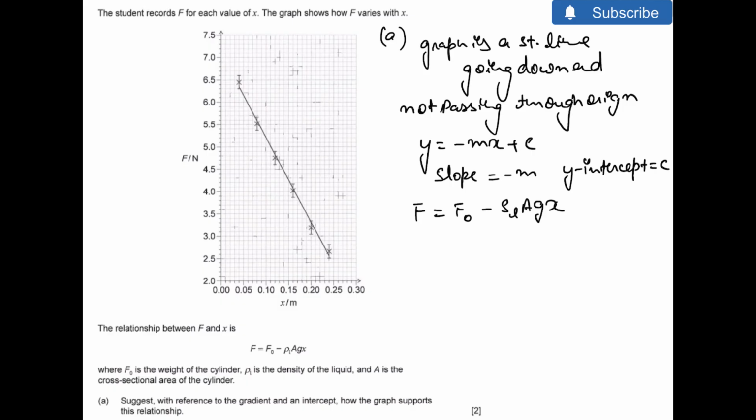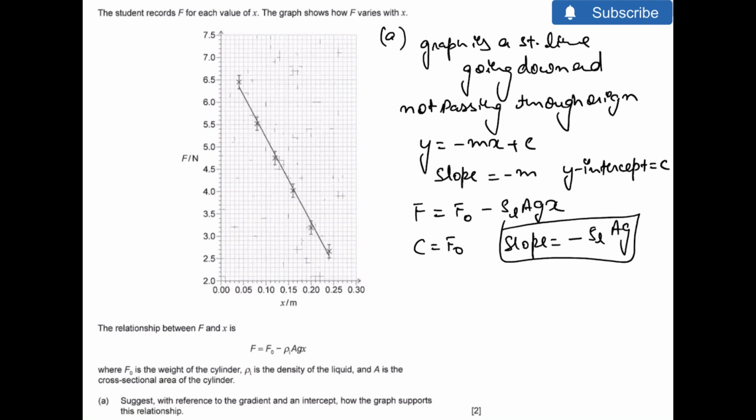We can say that c is F0 in this case, and the slope is obviously negative, it is -ρL A g, where ρL is the density of the liquid. So this graph is perfectly aligned with this equation, and this equation represents this graph only.